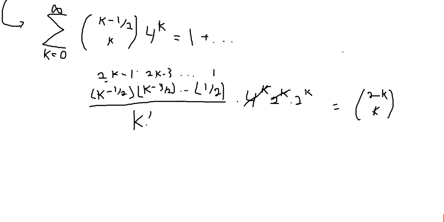Well, the numerator needs to be 2k factorial, which is 2k times 2k minus 1 times 2k minus 2 times 2k minus 3, and so on. But we need all the even ones. So first we need to start with 2k, then we need 2k minus 2, and we go on and on until we get to 2.